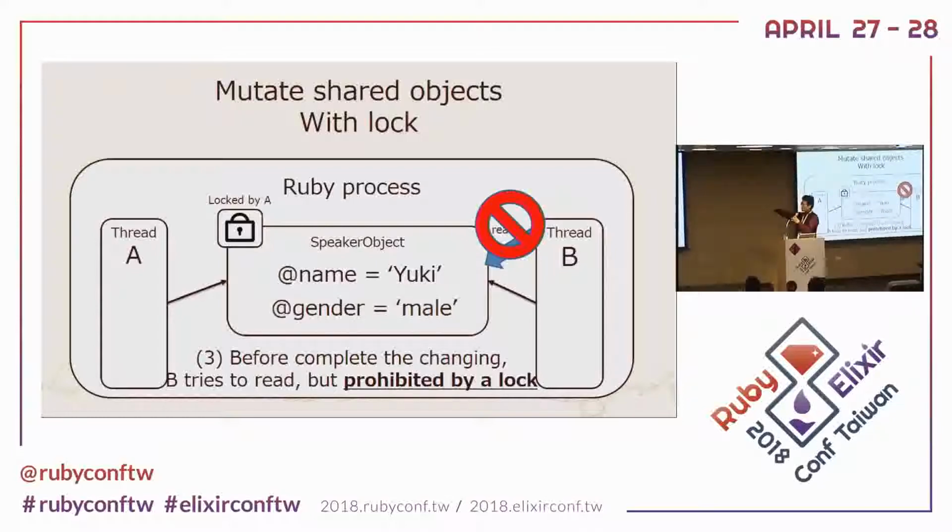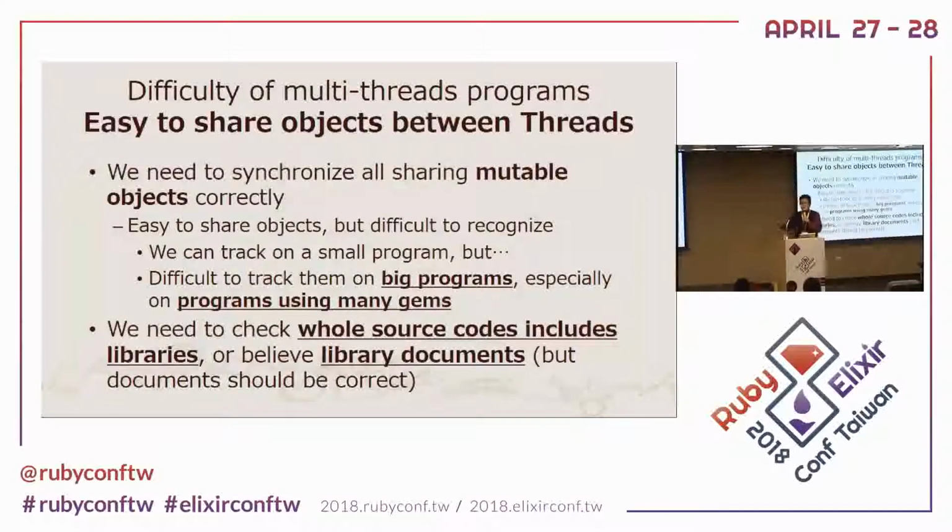So this is thread programming. We need to lock, or we need to introduce such synchronization, for every shared object. So it means that we need to track all of the mutable shared objects. It is easy if the program is small. There are several lines, so we can see, oh, it is a shared object.